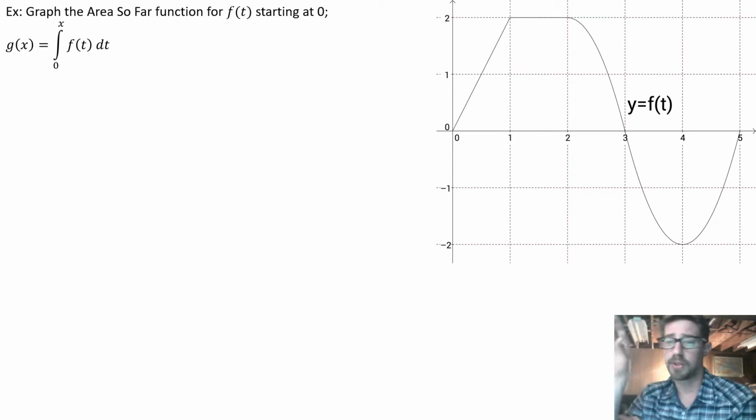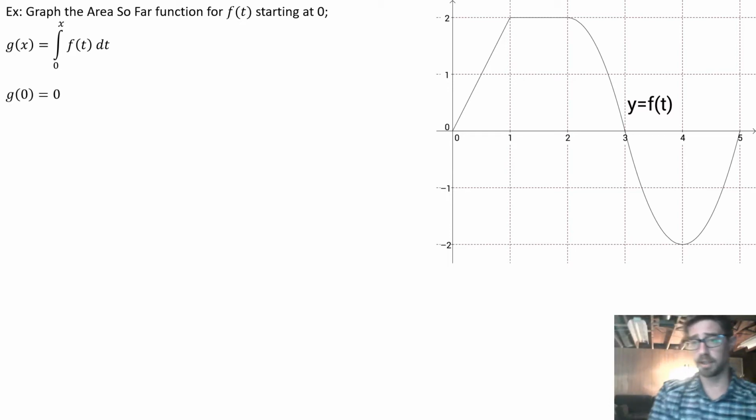And we're just going to start at 0. So in other words, our a is 0. So the area so far function g of x is defined by the integral from 0 to x of this function. So it's all the area between 0 and x under this curve, or between this curve and the x-axis.